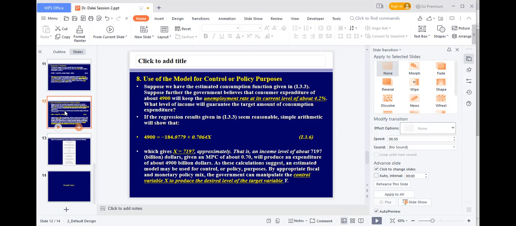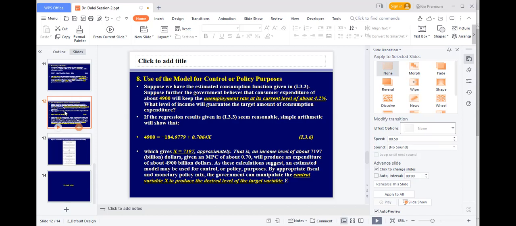If the regression result given here seems reasonable, then simply you can do your arithmetic and find the income, which will be 7,197.